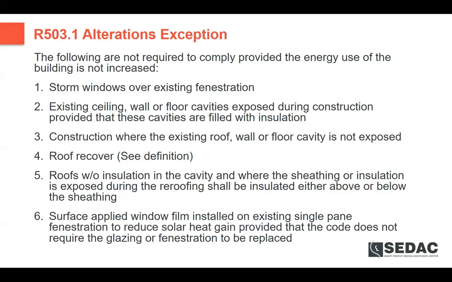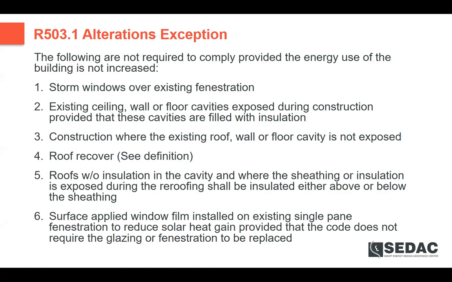Now, in the alterations, there are several exceptions here that are not requiring you to bring things up to code. Number 2 here is one that we'll get several questions on, as far as ceiling and wall floor cavities that are exposed during construction.